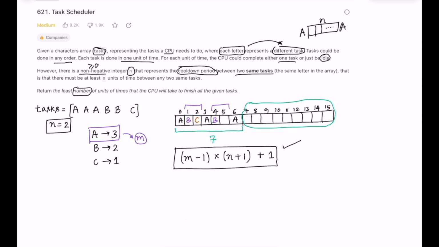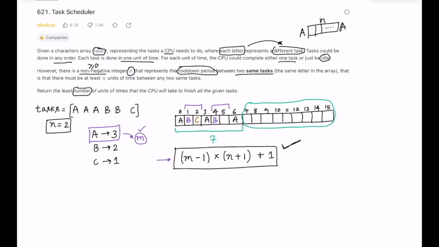So this is the number of units of time that CPU takes to execute the most frequent task. Let's call the most frequent task M, where M is 3 in this example, and this is the number of units of time needed. So how did we come up with this?